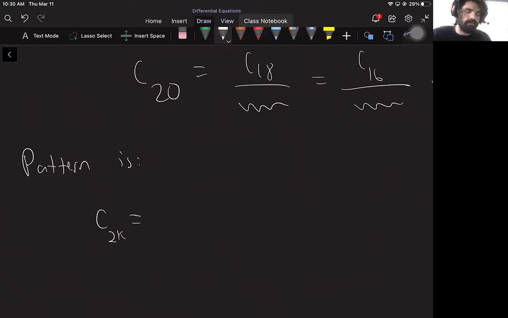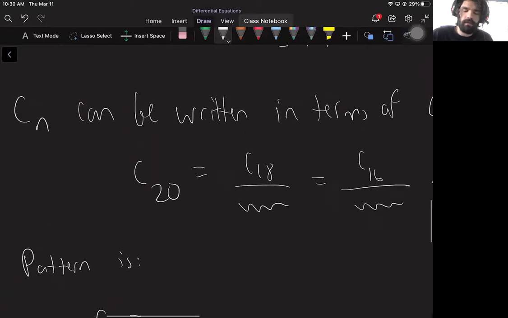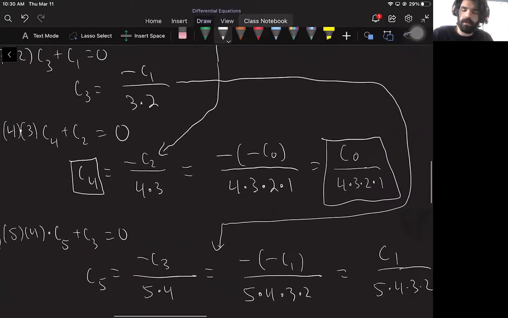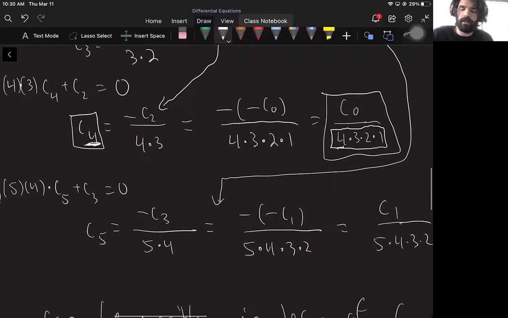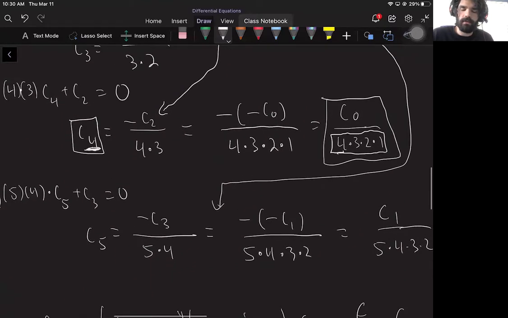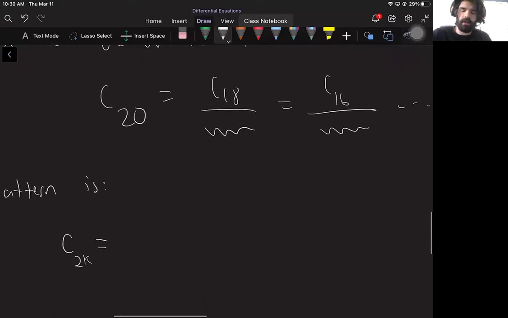If it's even, what's going on? Well, let's see if we could figure out the pattern. 4, and what's this on the bottom here? 4 factorial. You may have recognized that before. So when I plug in an even number, this pattern will continue. So I'll get that exact number factorial on the bottom times C0.